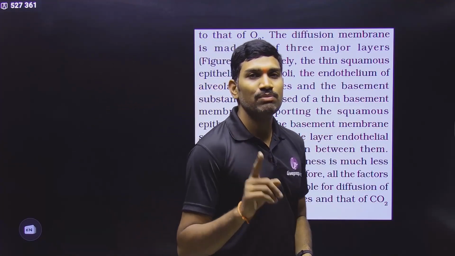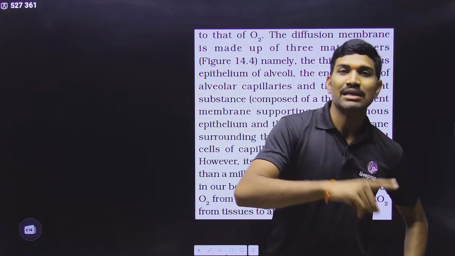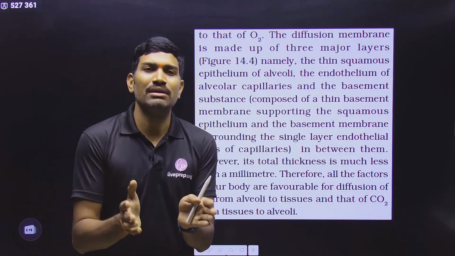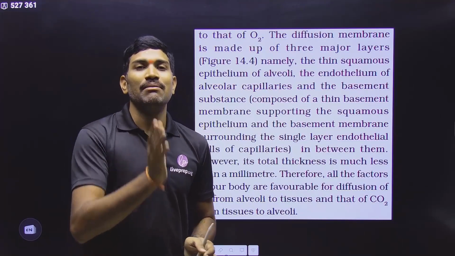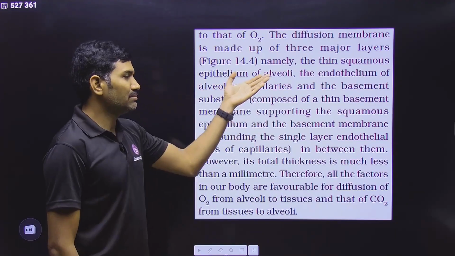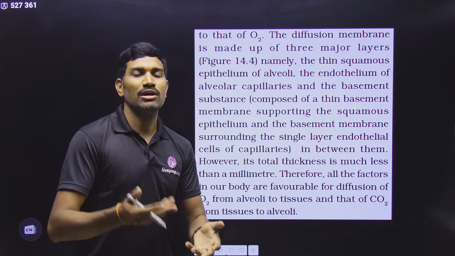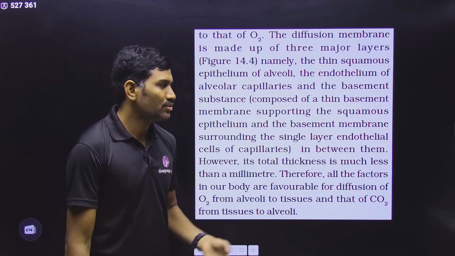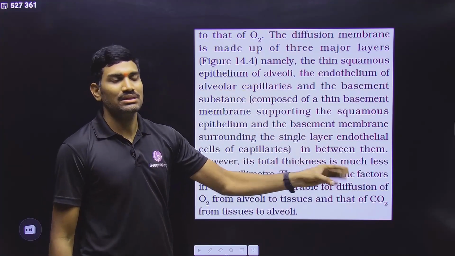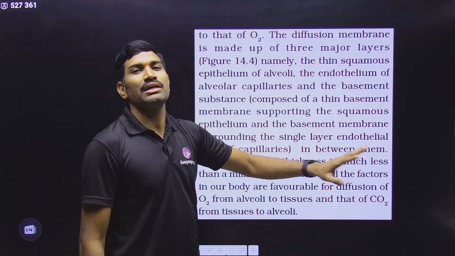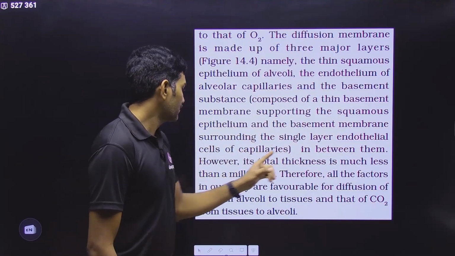That means simple squamous epithelium of alveolus and simple squamous epithelium of the blood capillary, both of them are supported by this basement membrane that is present between them, and it is having some other molecules, compounds also. That's why combined it is called basement substance. In this way, it is present in between them and it is providing some support to them.